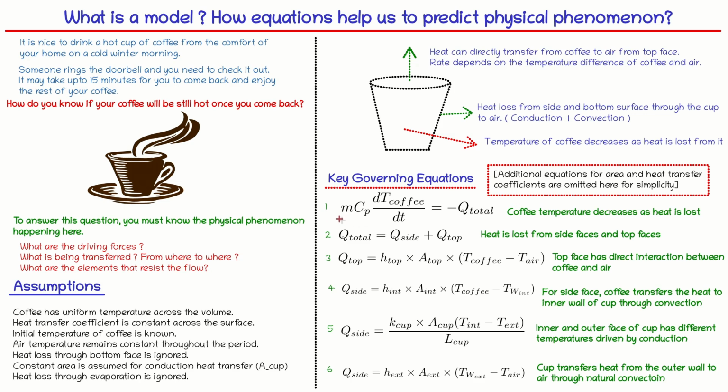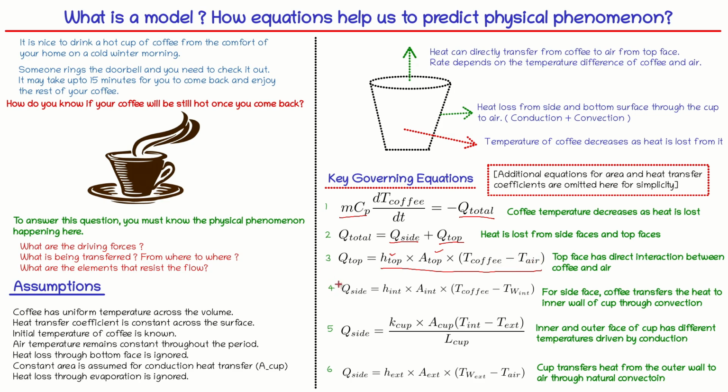That constant of proportionality involves the specific heat capacity and mass. Now the total heat loss is a sum of the heat lost through the side faces and the heat loss to the top face. The top face can be modeled using Newton's law of cooling, with the convection heat transfer coefficient, the area of the top surface, and the T coffee minus T air temperature difference.